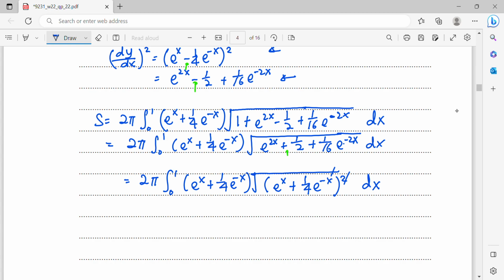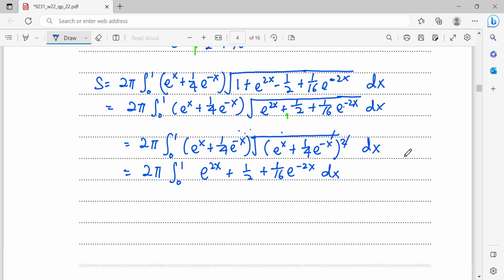Then, I will have to expand these two terms. But these two terms are the same terms, right? Therefore, when you multiply it by itself, it will be the square of the bracket, which is e^x plus 1/4 e^(-x). So when I do expansion, I will get e^(2x) plus half plus 1/16 e^(-2x), dx.